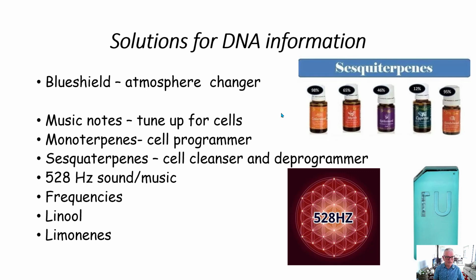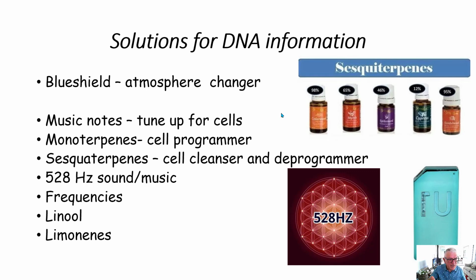Monoterpenes are vital. Monoterpenes are present in some of the Bible oils. It's a cell programmer. Now, what's a programmer? Programming is information. So monoterpenes are giving the cells information.